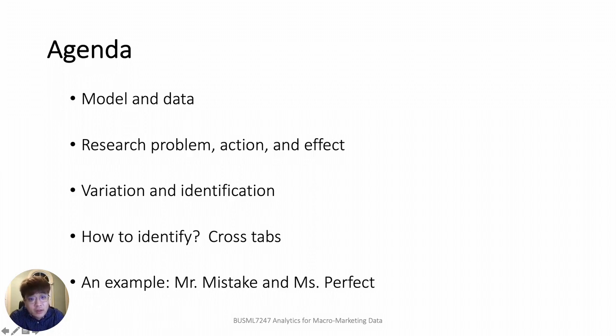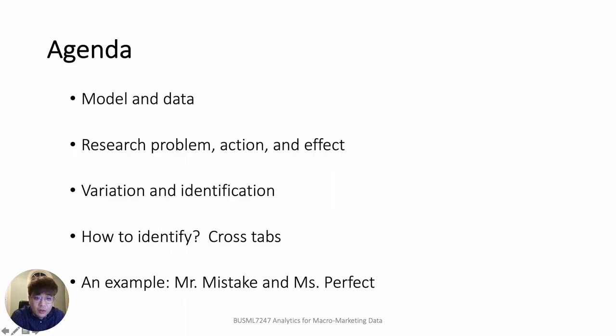In this lecture, I first start with a simple example where we cannot learn anything from data even with a good model. Then I'm going to define an action and its effect in a research problem. Next, I'm going to discuss variation, which is what we need to measure an effect, and identification, which is to distinguish the effect from others.